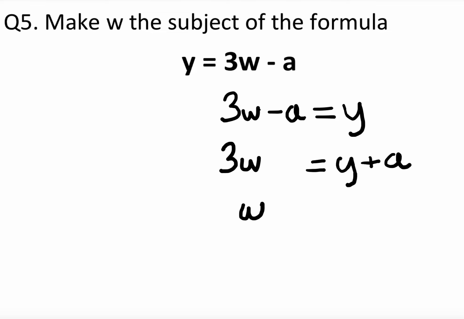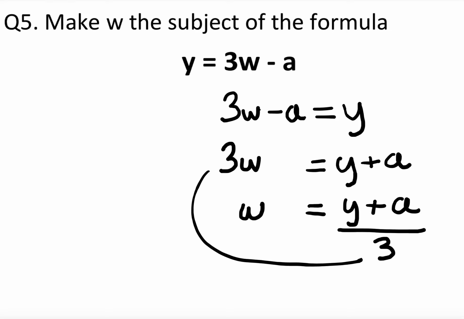If we divide that by 3, we get rid of the 3. So we need to divide the other side by 3. We just put the 3 underneath, and we've done that with the A.